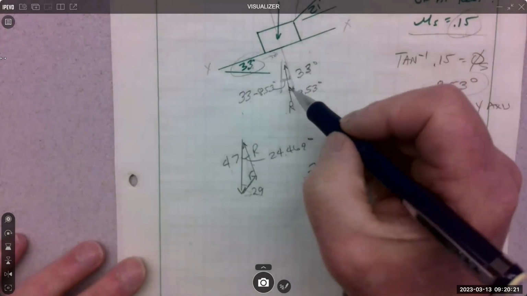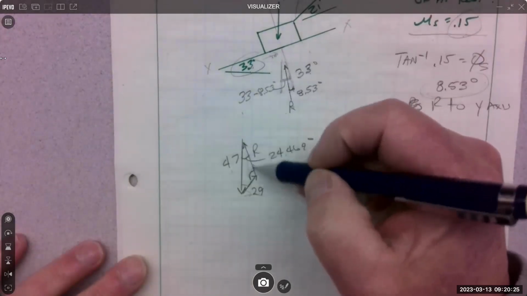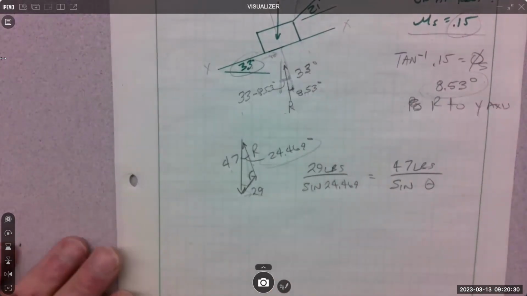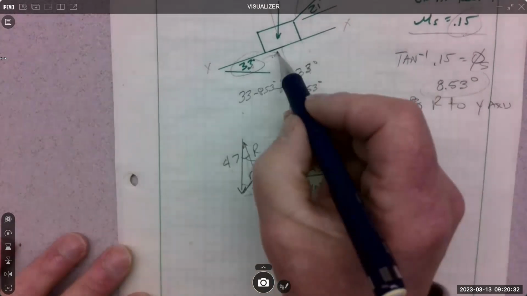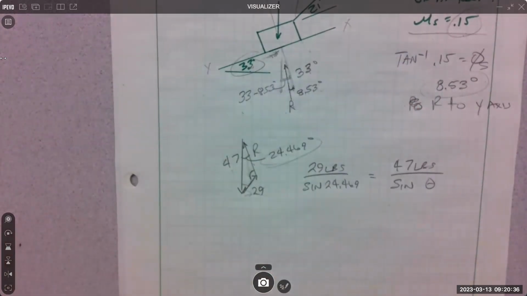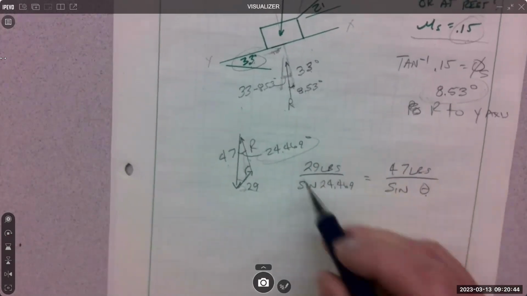But this tells me, because R is on the left side here, and I was able to make this triangle, that the friction is down here. Okay, so let's go for this, which is just algebra.